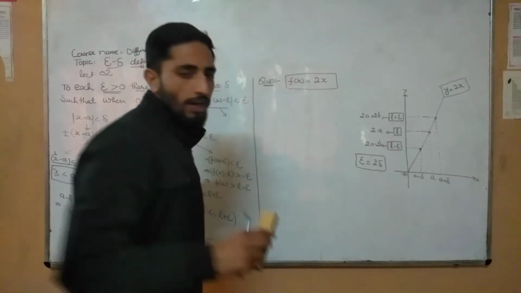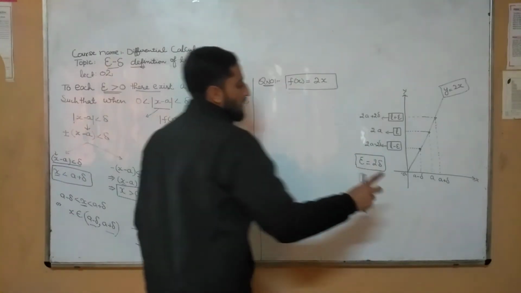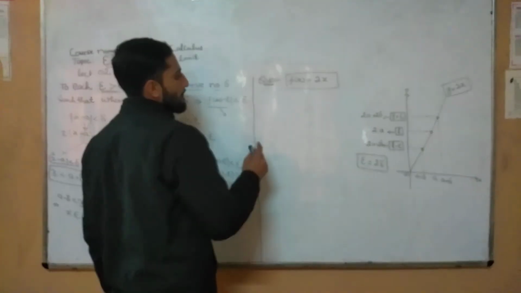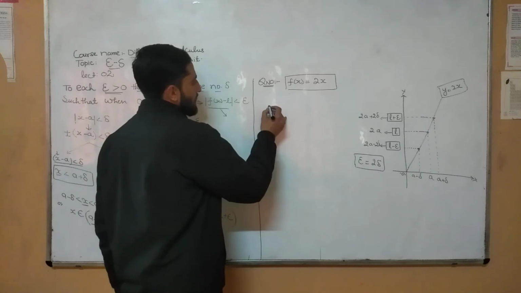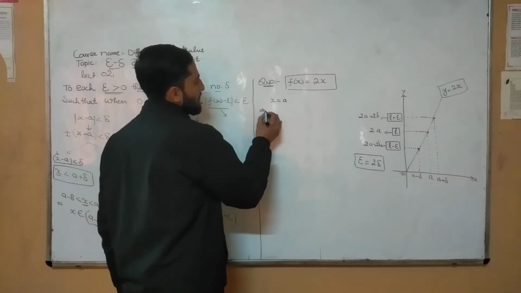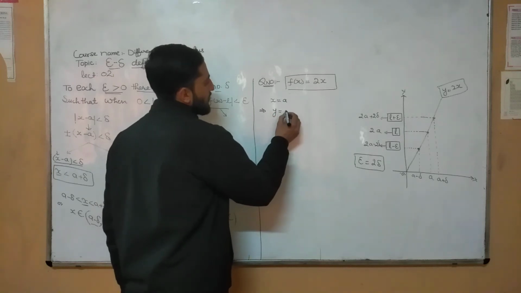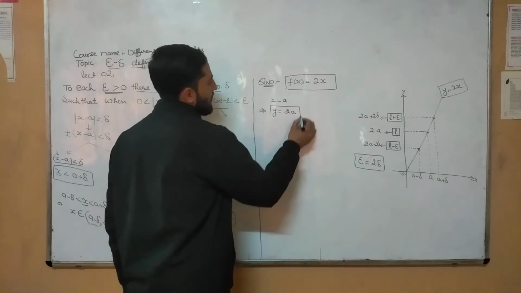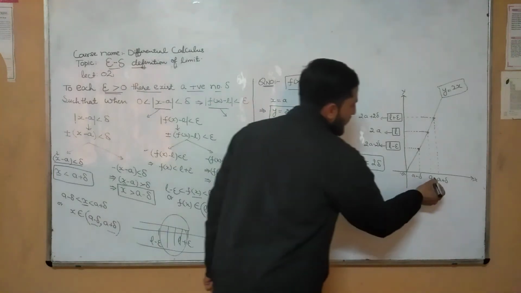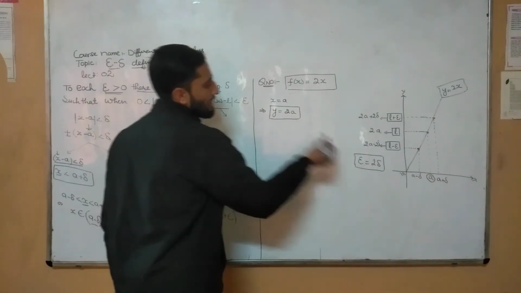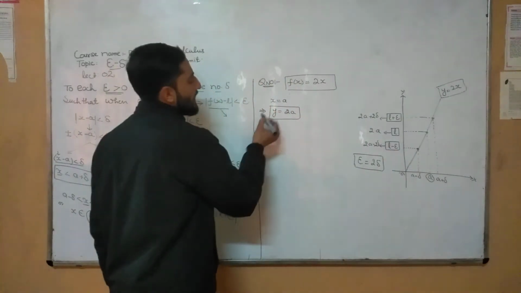Now if we choose the value of x is equal to a, this further implies y is equal to twice of a.